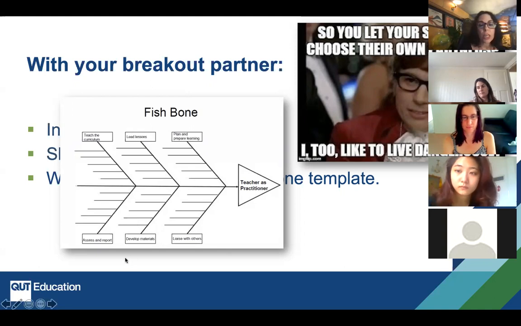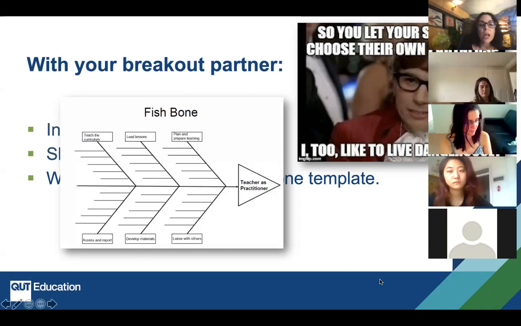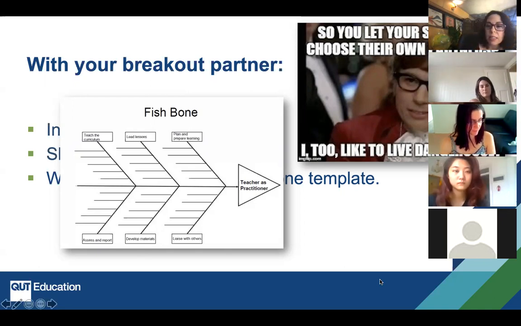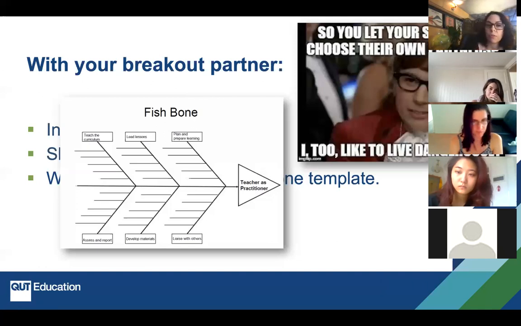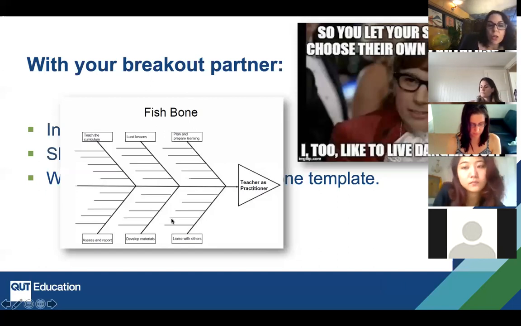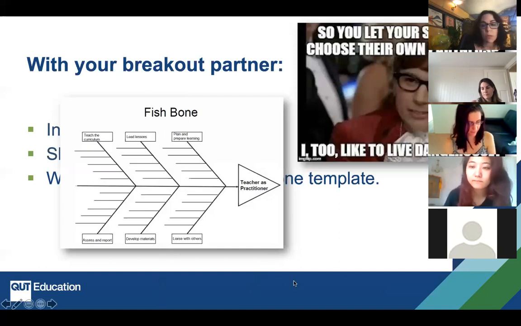What I might suggest, to assist you with your assessment task and your general understanding of teacher as practitioner, is that as we go through the workshop and discuss the clips that you would have watched, you think about what teacher actions you could add to your fishbone template. So keep adding those actions as you go. Have it there to the side so you can add teacher actions divided into those particular categories. Any questions before we move on? Or did anyone else want to share anything about where they put their meme?